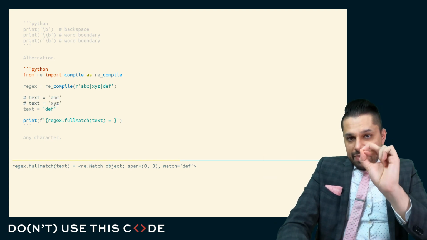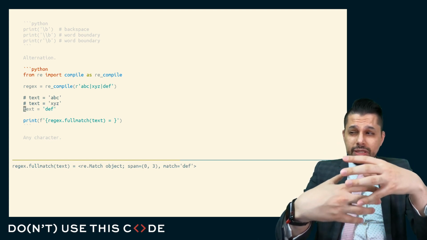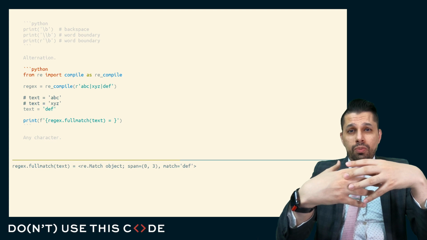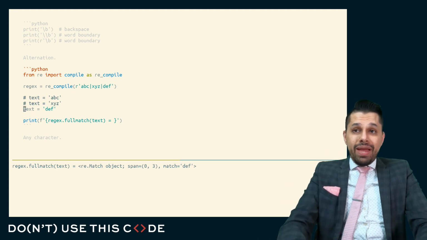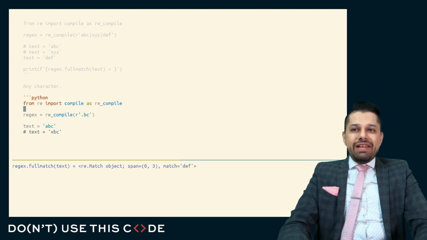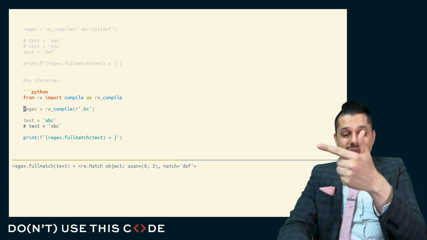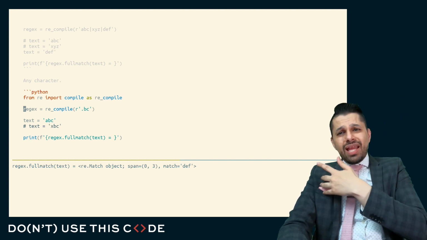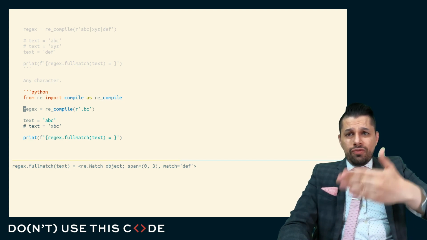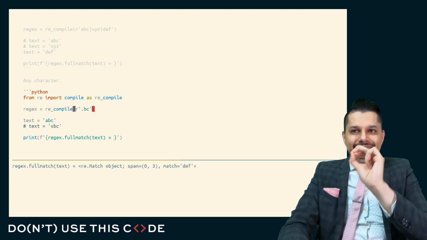Now, it may be the case that that alternation or that choice that you want to have includes elements that you don't want to presuppose or you don't want to write out, like maybe any possible character. Maybe you have some date format and you don't know what the date separator is going to be. Maybe it's a dot, maybe it's a slash, maybe it's a dash, maybe it's anything that the user can come up with. And you don't want to have to use that alternation over and over and over again. So what you can do is you can use a single dot to represent any character.